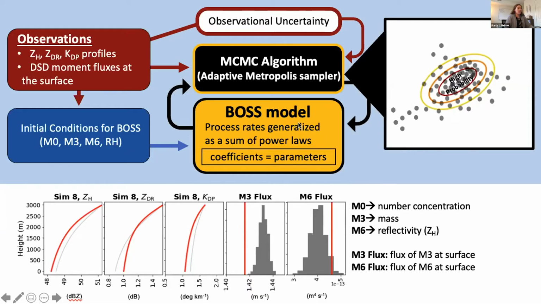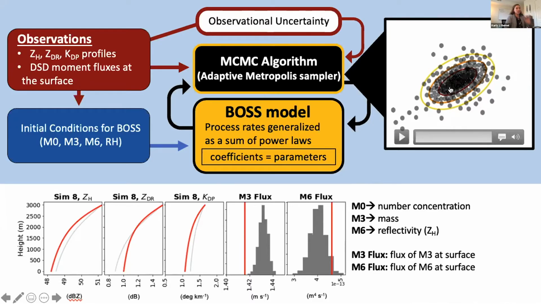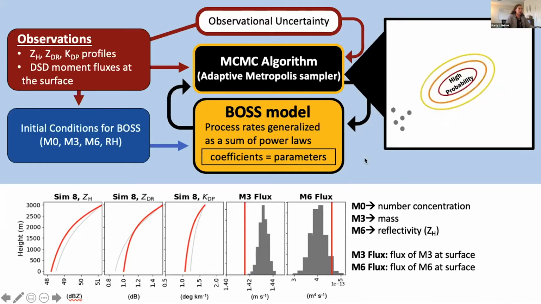In our framework, we would run our BOSS model with that guess at those parameters, use a forward operator to convert what BOSS produces back to our observations, and then compare them and compute the likelihood of that solution. We can do this iteratively so that as we continually make guesses, we hone in on a high probability region that then gives us a nice parameter distribution of our different estimates. In this case, we're actually trying to retrieve 12 parameters.